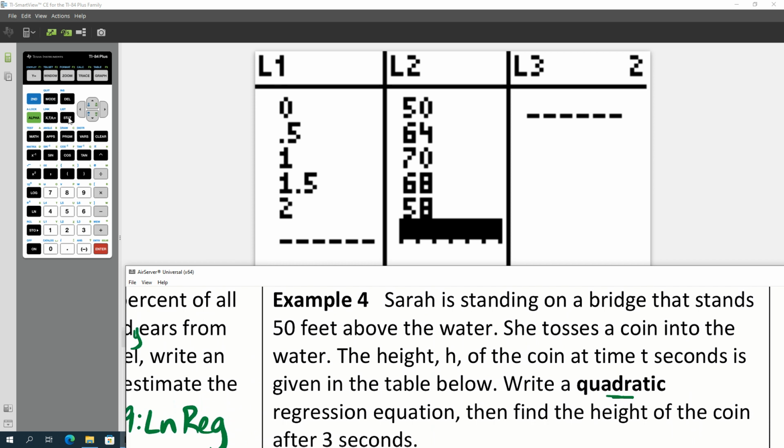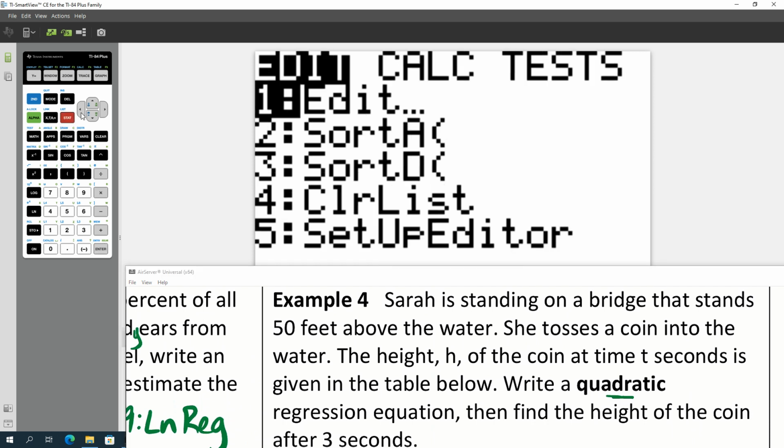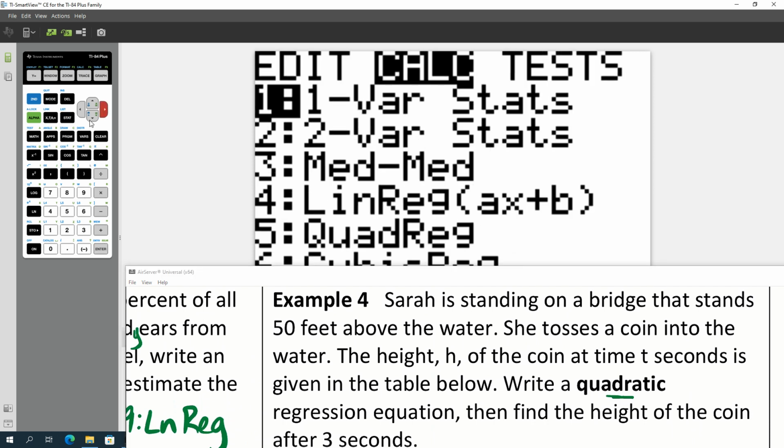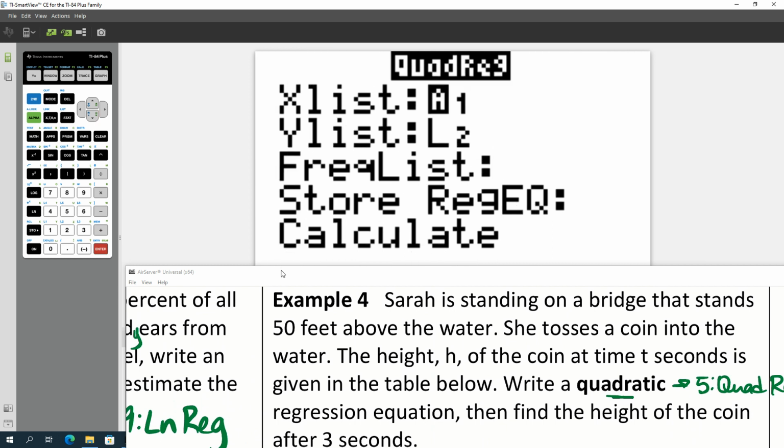All right, so for quadratic regression, we're going to hit stat. We're going to go over to calc. And anytime we're doing quadratic regression, it's going to be number 5. Okay, and then we're just going to hit a whole bunch of enters.